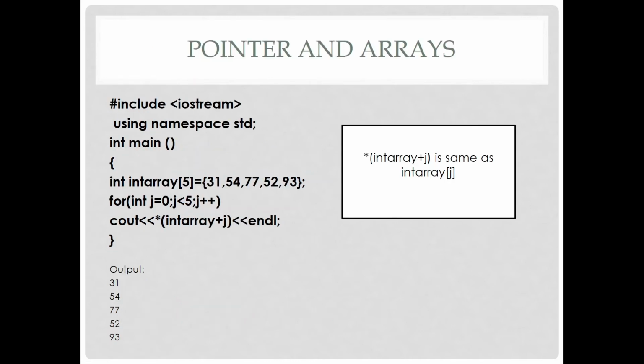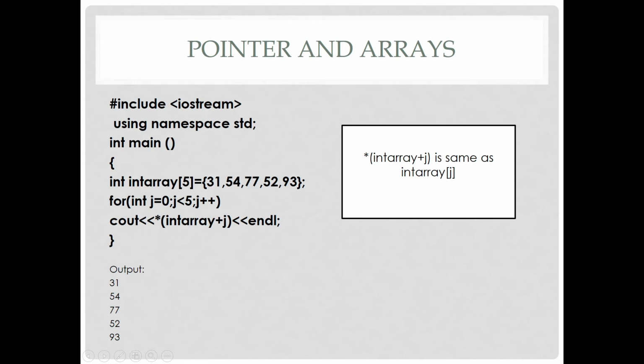Now you can see pointers and arrays. You can see here a concept which says cout star of int array plus j. Star of int array plus j is the same as int array of j. You can see an example over here. So if I say int array plus 0, which means int array of 0, 31 will be displayed.